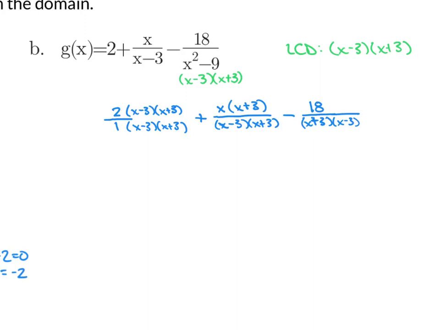All right, if we go ahead and FOIL, multiply and combine the x minus 3, x plus 3, remember, don't reinvent the wheel, that's equal to x squared minus 9. And I'm going to go ahead and distribute further.